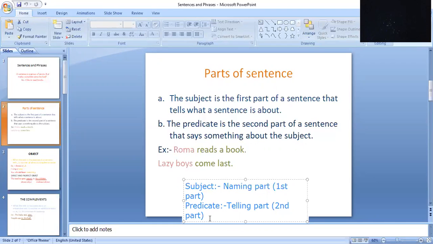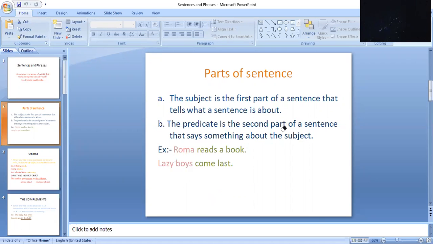Predicate is telling something about the subject. Then we have taken some examples. Roma reads a book.